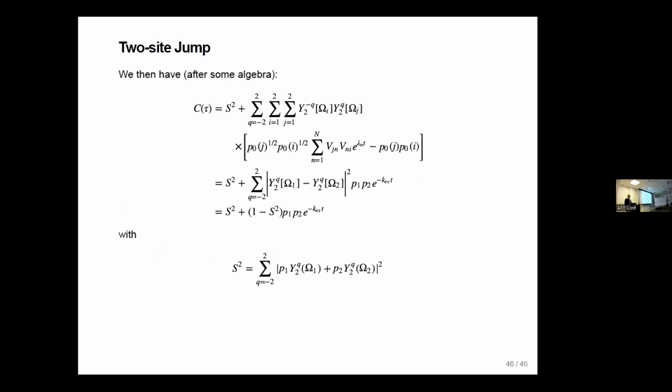If you like matrix math, you end up with, for a 2-site jump, something that we can cast as the Lipari-Szabo-like model. We have an order parameter, and then we have something that depends on the populations and the forward and reverse jump rates.